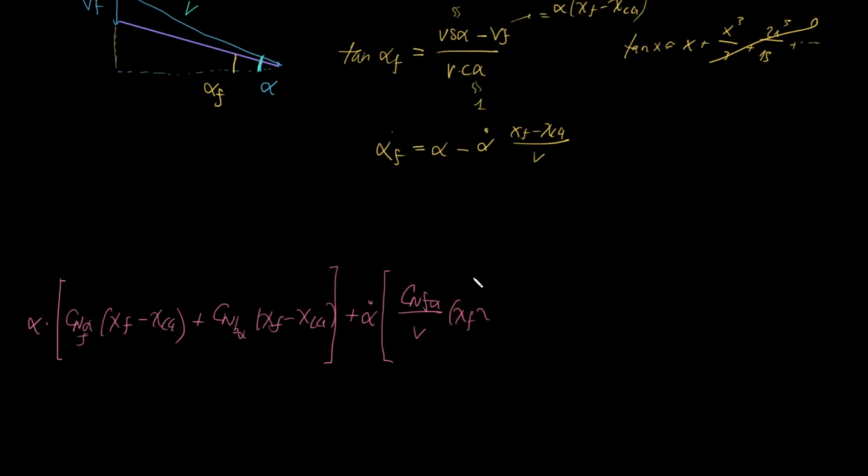Sorry, I just realized I put x of the fin here. Obviously this is the aerodynamic center of the body, not of the fin. Oh, this is squared, of course, because we're multiplying twice. And then we have the body term.